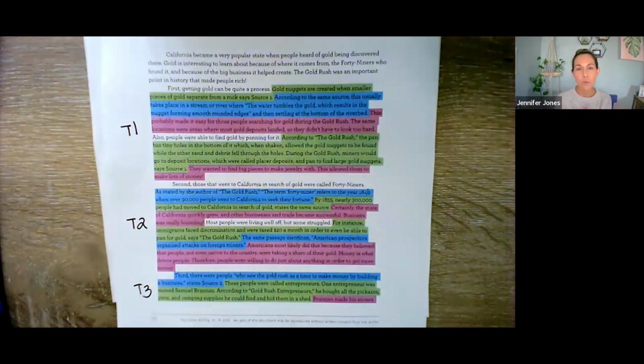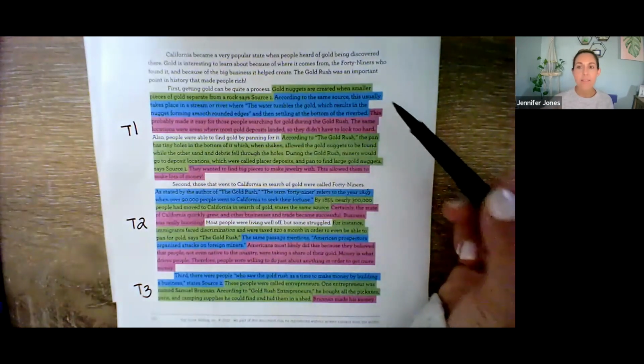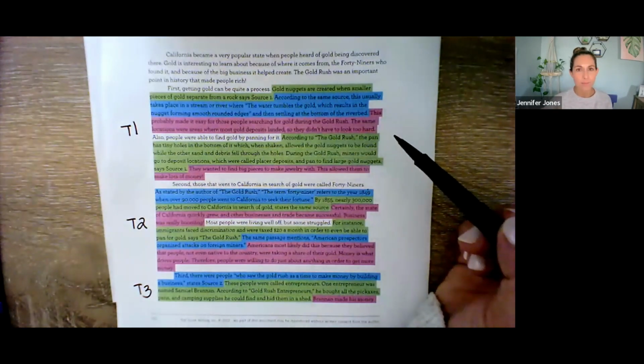If you share your own thought and idea first, then you're sharing your own thought and idea about something in your own personal life or about something that is not related to what you read. Your own thought and idea always needs to come after the evidence because your own thought and idea is always about the evidence. Does that make sense? So first evidence and then own thought and idea.